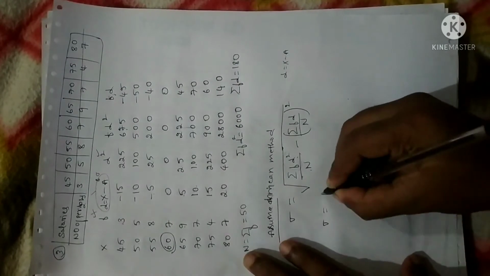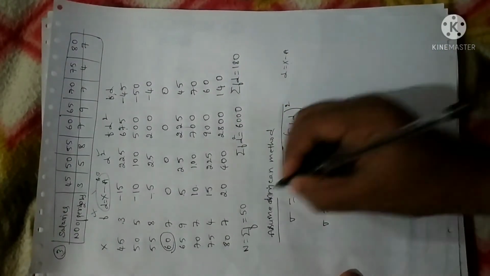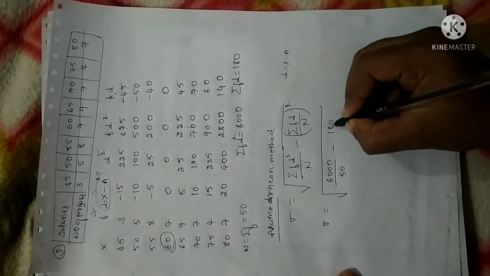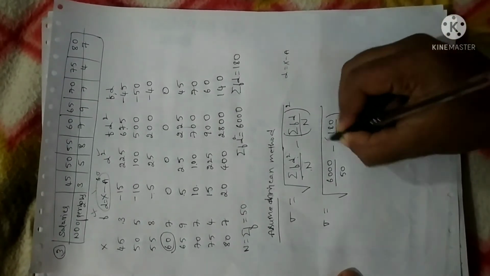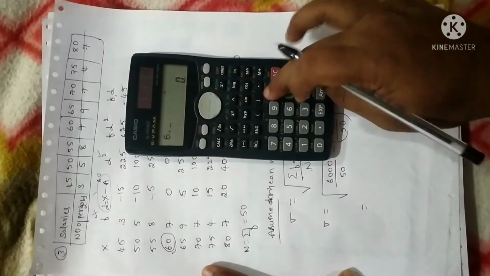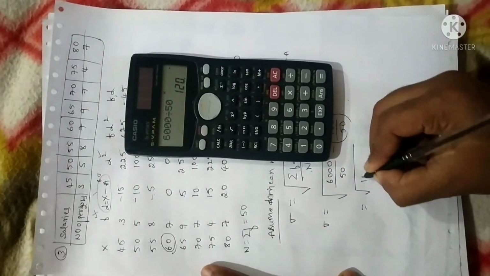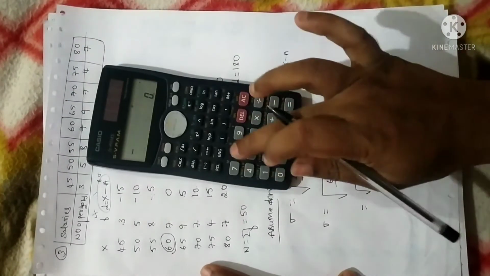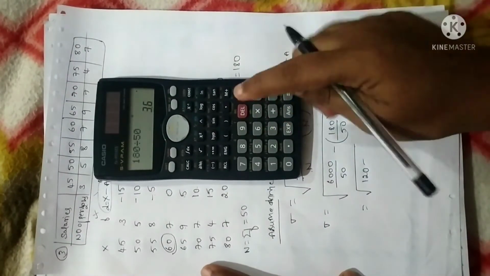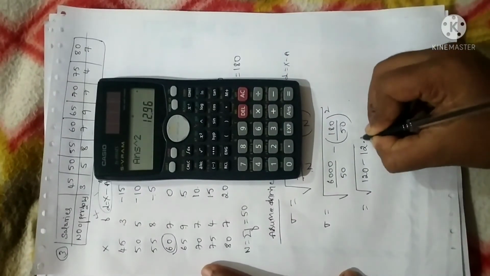Sigma is equal to square root of fd square is 6000 divided by n is 50, minus fd is 180 divided by n is 50, whole square. Now let me simplify. 6000 divided by 50 is 120, minus 180 divided by 50 is 3.6, whole square is 12.96.